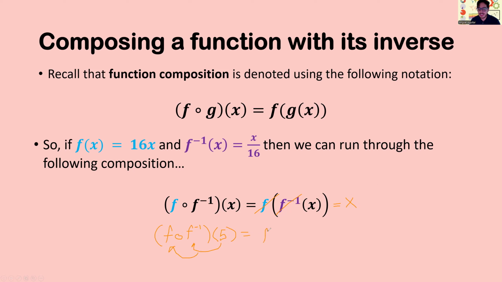All I know is that the original function and the inverse, because they're opposites of each other, are going to cancel out. And so I'm just going to be left with 5. Does that make sense? This idea is supposed to simplify your lives a little bit.